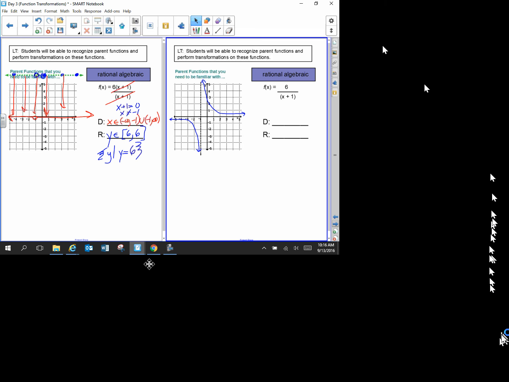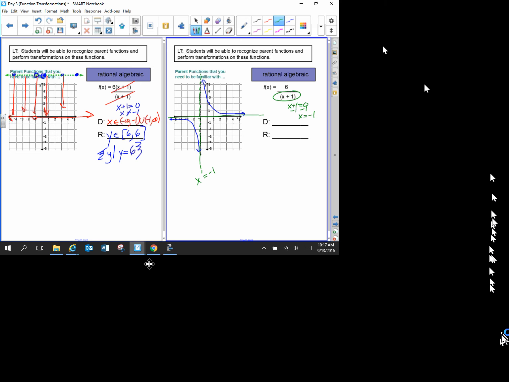If you cross something off, that created a hole. But if there was something left in the denominator, we always set that equal to 0 again. So we had a vertical asymptote at negative 1, and that's where this is right here. And then we had a horizontal asymptote right at 0. And then our graph went like so.